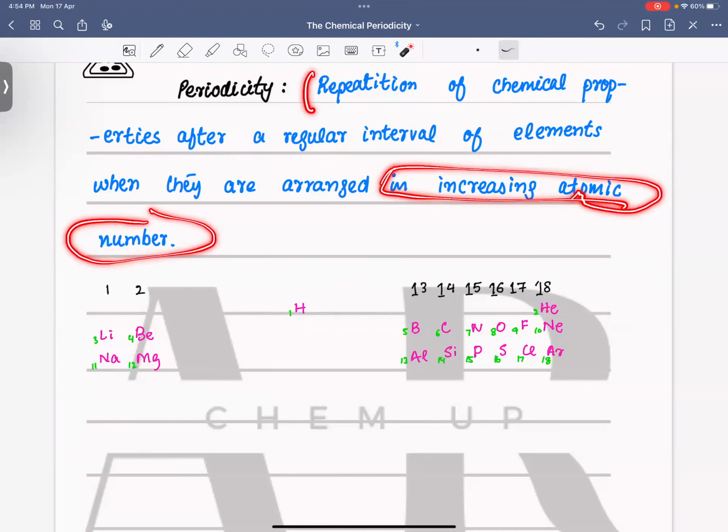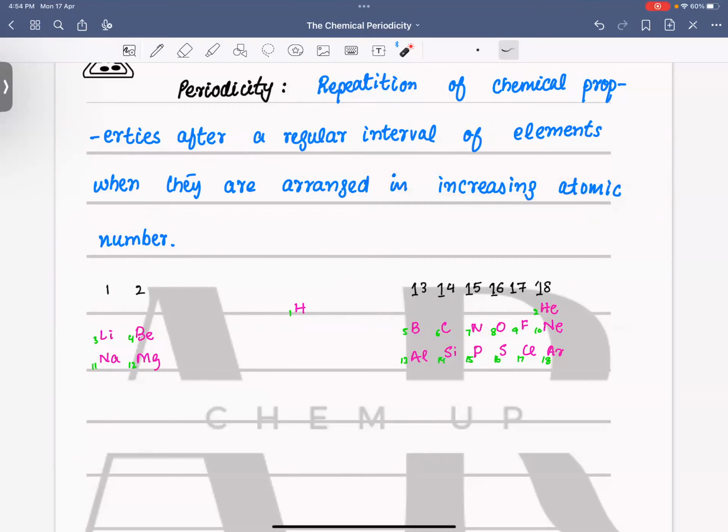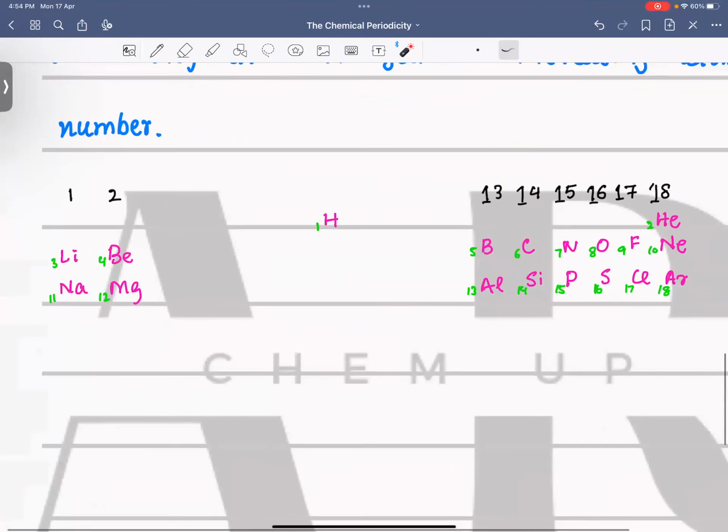But this thing, that repetition of chemical properties after a regular interval of elements when they are arranged. See over here, if you look at this arrangement, if I start from lithium, what is the position of sodium? Can anybody tell me the position of sodium with respect to lithium?